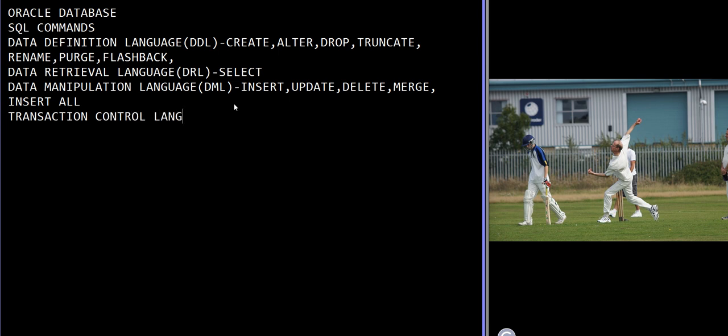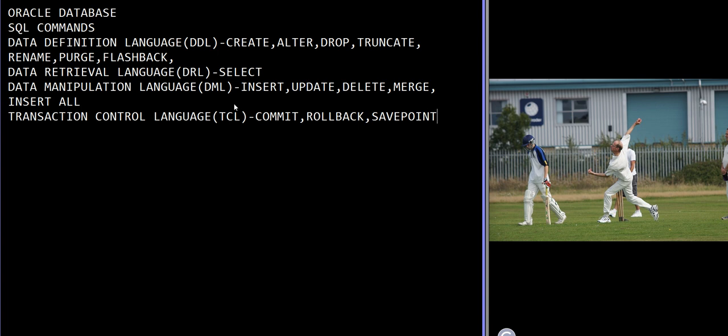And then we have transaction control language commands. We have 3 transaction control language commands: commit, rollback, and then we have savepoint.